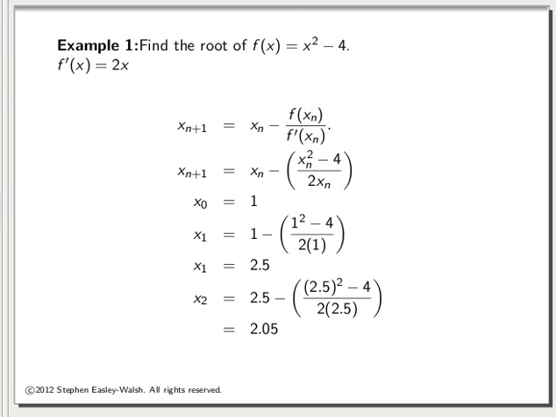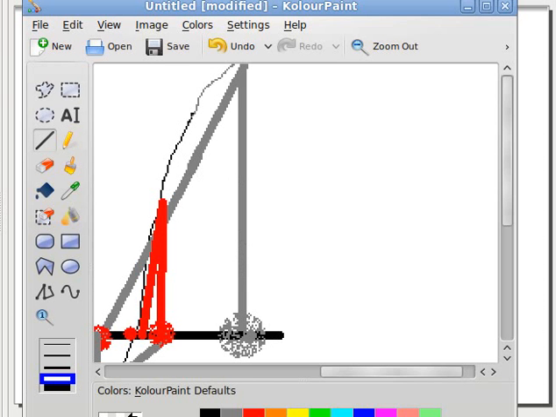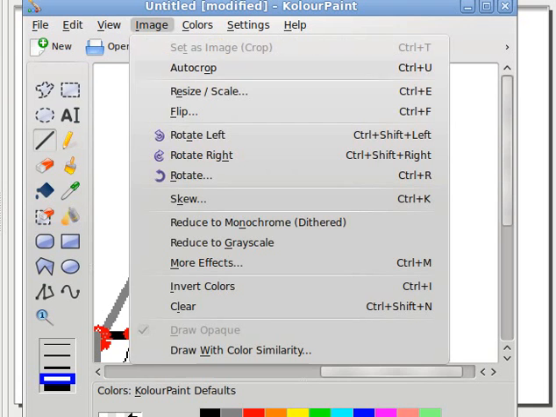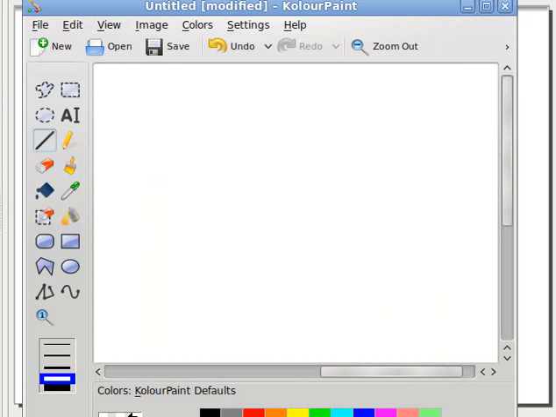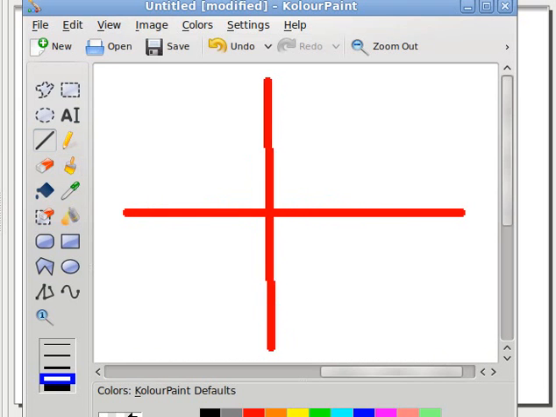The other thing is, you need to make sure that there is a root before you begin. And the way we do that, I'll just show you. Graph, curve.